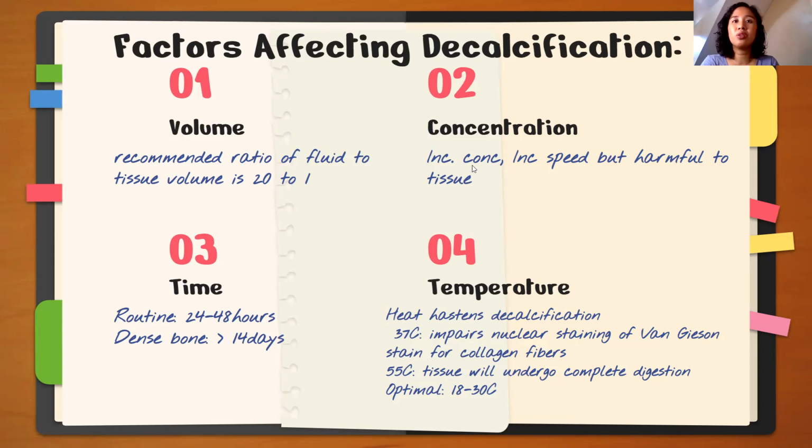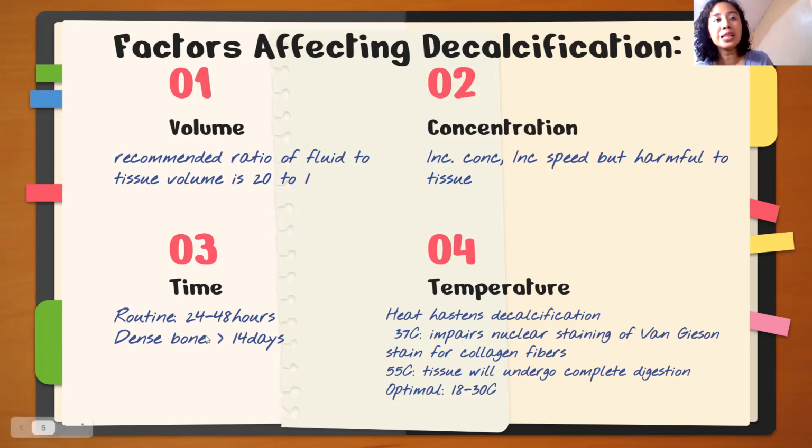Concentration: if you increase the concentration of the acid, you will increase the rate of decalcification. However, it could distort the tissue. Kung nagmamadali ka, there's no such thing as nagmamadali sa decalcification kasi matagal talaga siya. Usually, your decalcification takes about 24 to 48 hours, routinely.